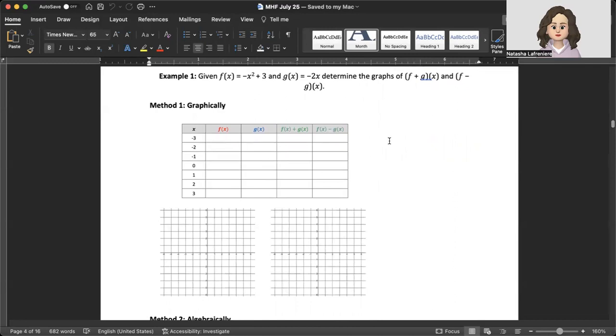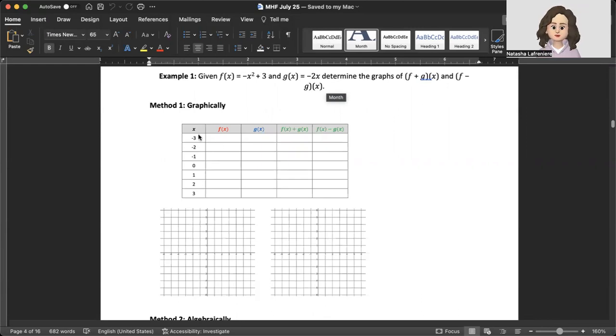So I'm going to show you how to do it graphically, as well as a few other ways. So let's see here. We're going to use purple today. Okay, so if our x is -3, I'm not going to sit here and do all the math for you.